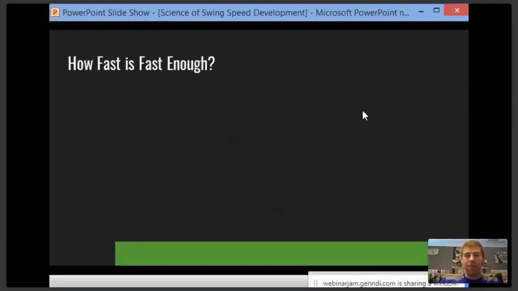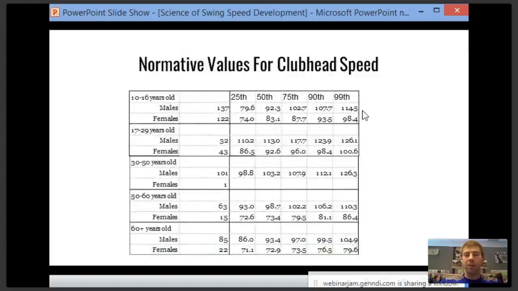So how fast is fast enough? Everyone says they want to increase swing speed. I think what's been challenging for a lot of golfers is they don't necessarily know how fast is good for their age. This is an older slide I pulled from one of our earlier research. Our research at this point is up over 1,000 data points, and we've broken it down into smaller age groups.